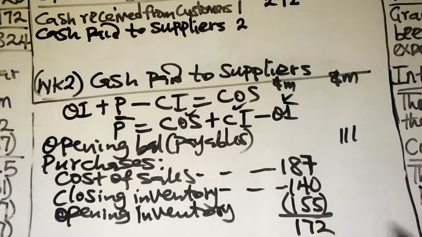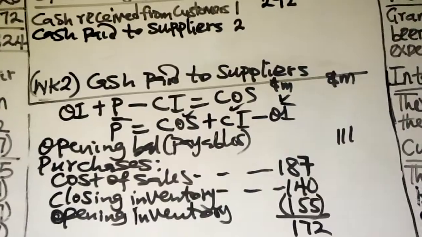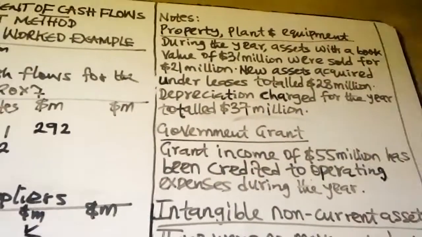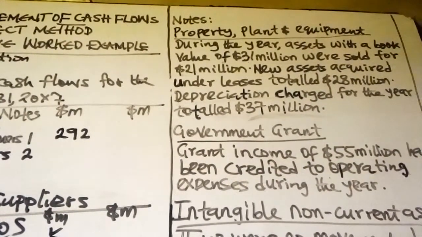item is charged to cost of sales. But where a non-inventory item has been charged to cost of sales, then that means the 172 cannot be our purchases. Now let's check the note to know if there are non-inventory items that have been charged to cost of sales. Depreciation.